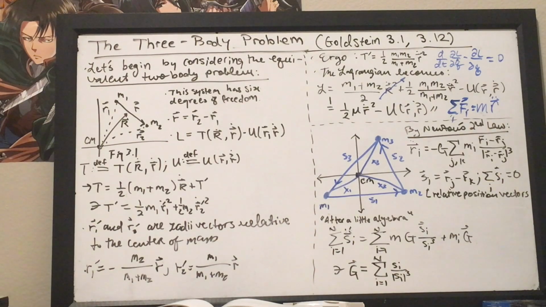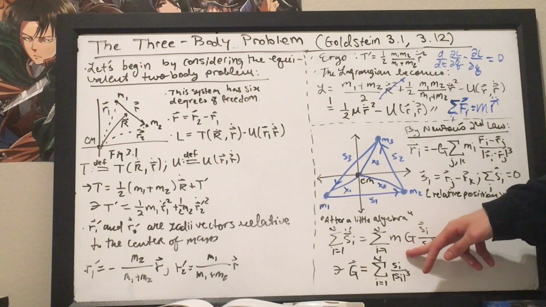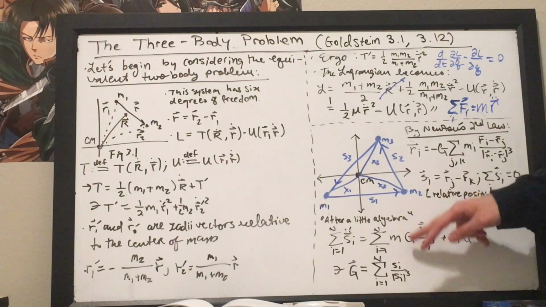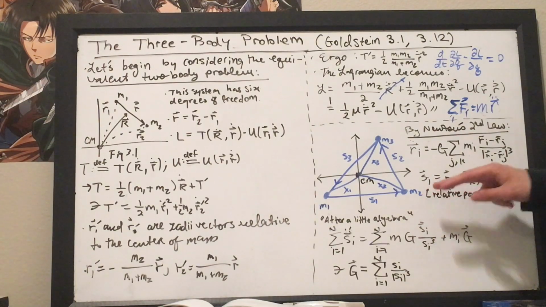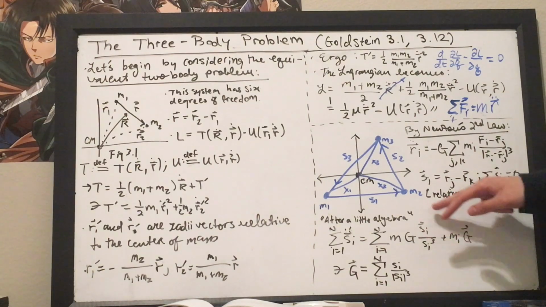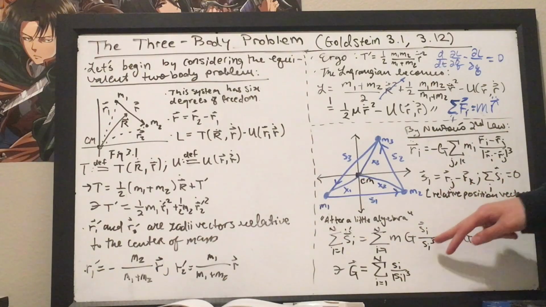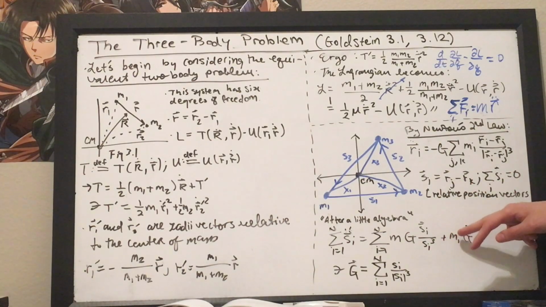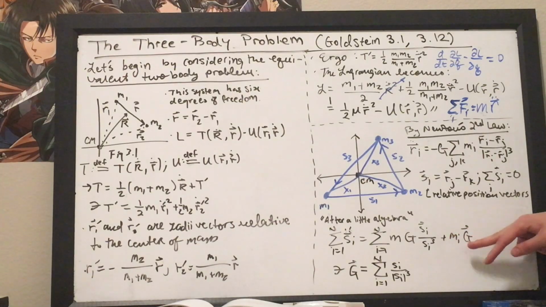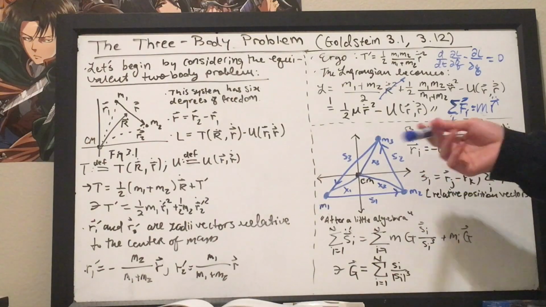Once again, Goldstein does this little trick, and he does a little bit of algebra and skips most of the algebra, and he is able to re-express the sum of the accelerations of these relative position vectors as being some mass times the gravitational potential multiplied by the quotient of your relative position vector of interest divided by its magnitude to the power of 3, plus the mass of our object of interest times our vector big G. I didn't write it out, but this mass term here is the sum of all of the masses, m1, m2, m3 in this case, or for 4-body, m1, m2, m3, and m4.